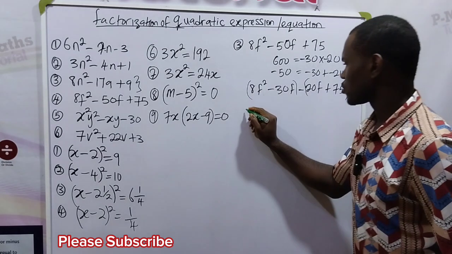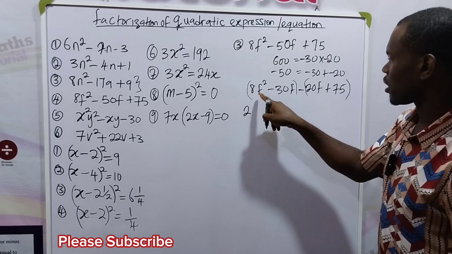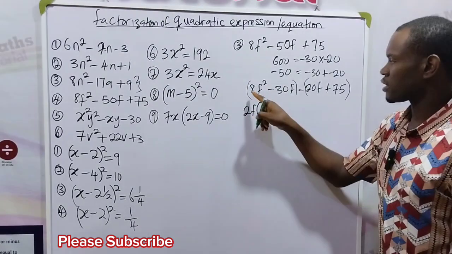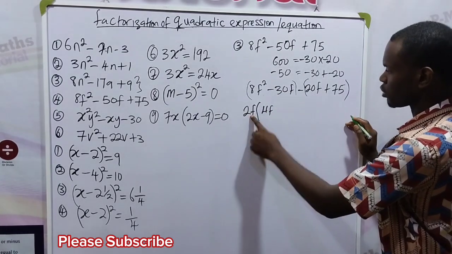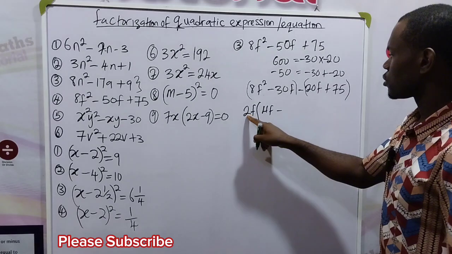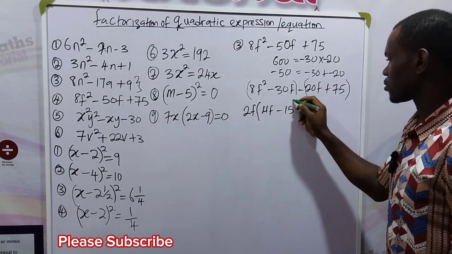That has to be 2. So we factor out 2. We have f here. We also have f squared here. So bring f outside. Now 2f divide 8f squared, that is 4f, because f we divide f squared, 2 we divide 8. Minus 2 divide 30 we have 15. F divide f, that's gone.